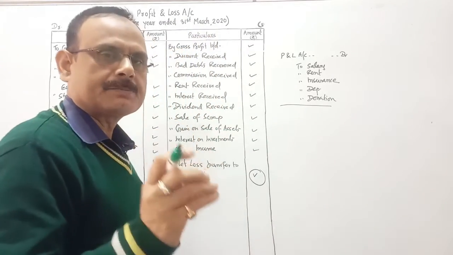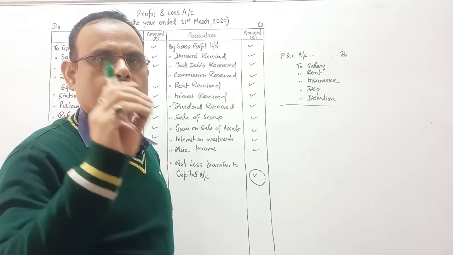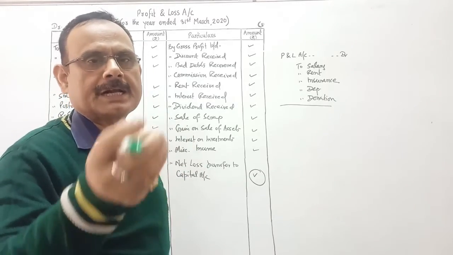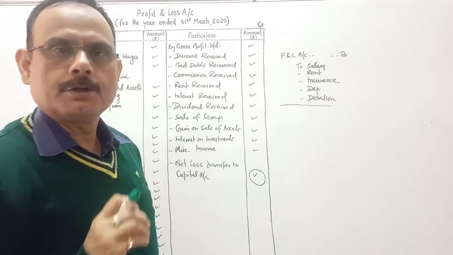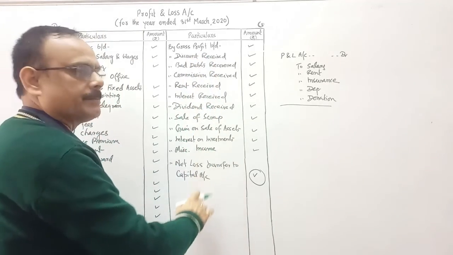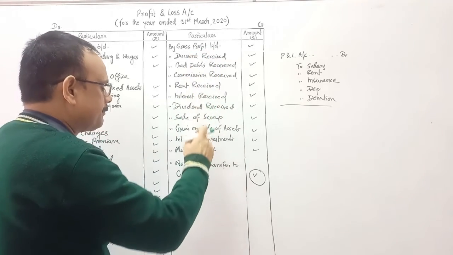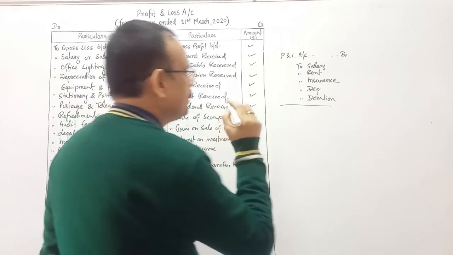Whatever the indirect expenses and losses, you write them here and close them. So indirect expenses and losses and other expenses are closed by transferring to the profit and loss account. Similarly, all incomes, right from discount received to miscellaneous income, we will close.